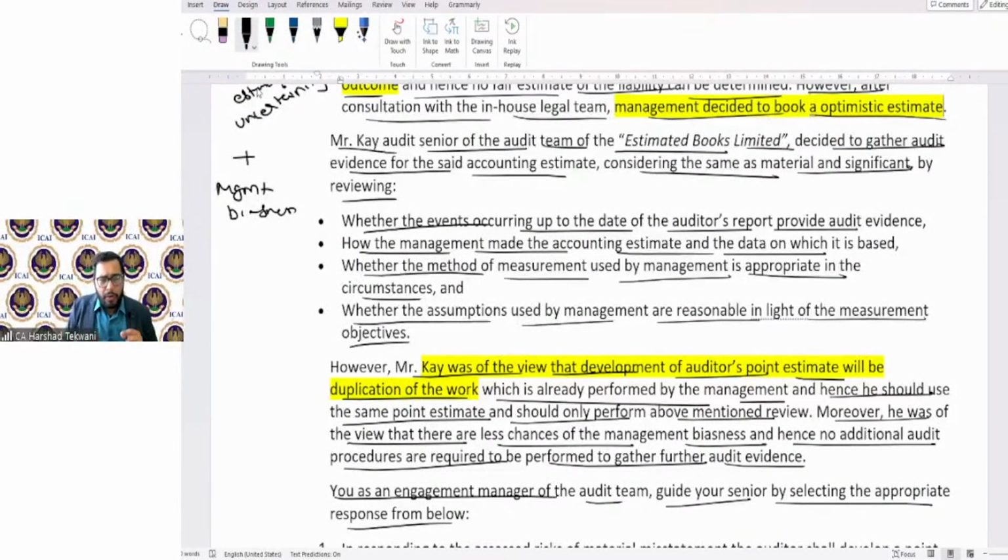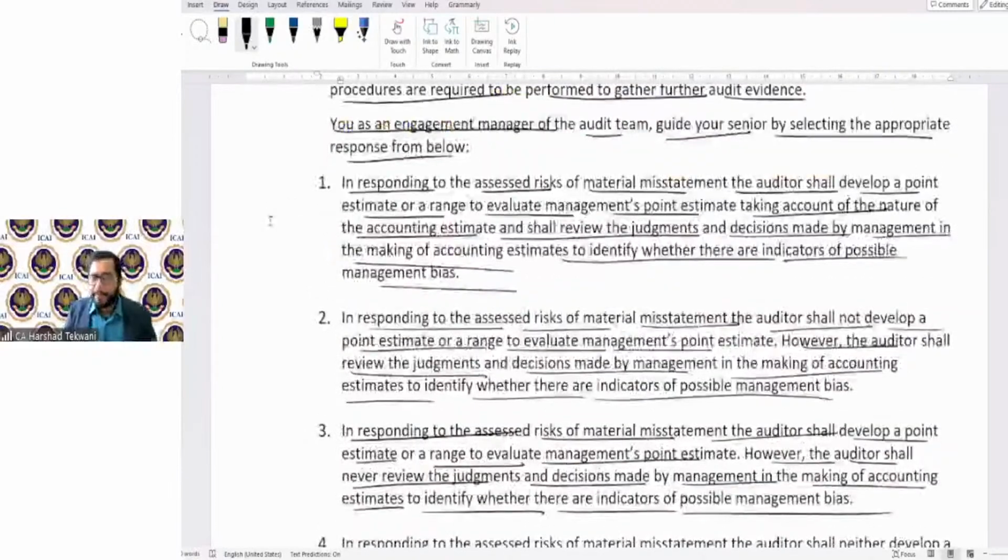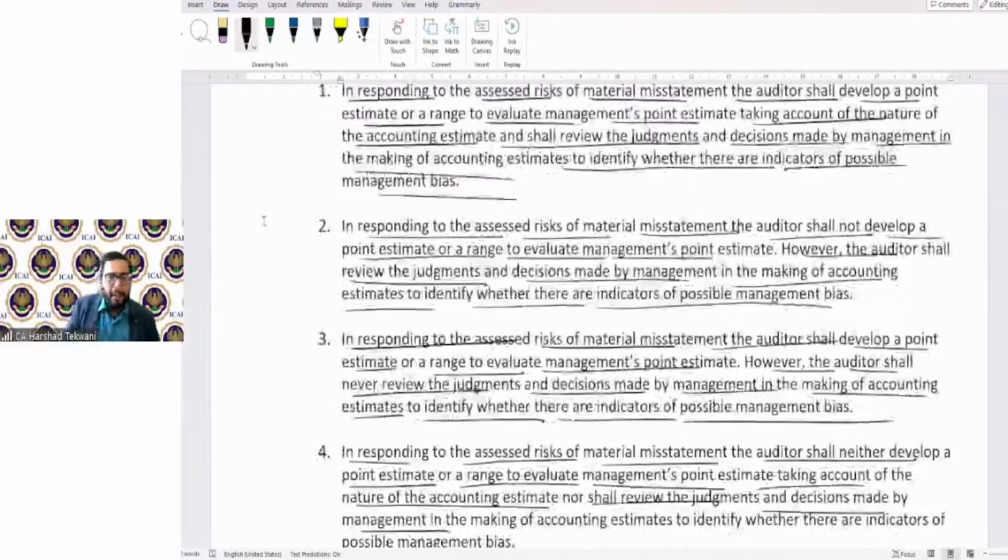So now, if there is a high estimation uncertainty and if there is management bias, then it is necessary for the auditor to develop an independent auditor's point estimate or range. So not developing the independent point estimate is not correct.